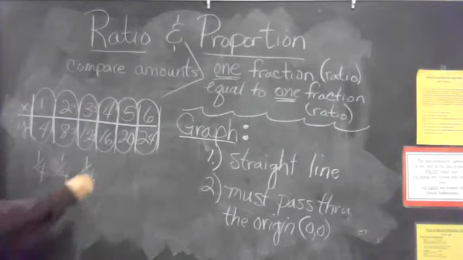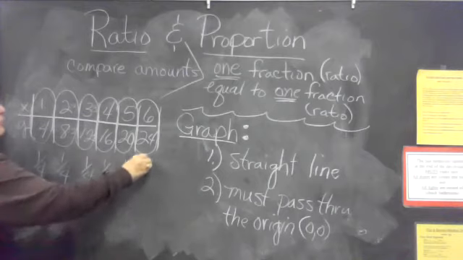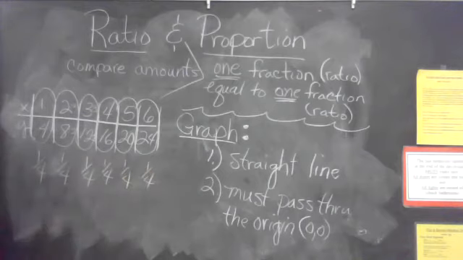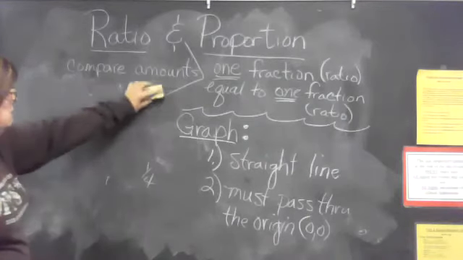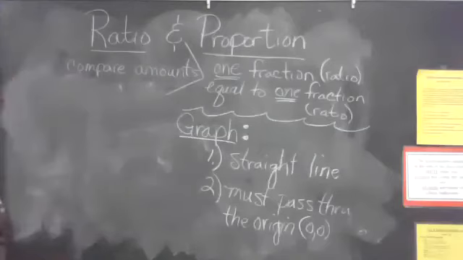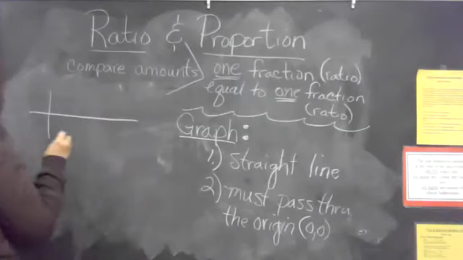And when you simplify here, you'll get 1/4. When you simplify here, you'll get 1/4. When you simplify each one of them and you get the same fraction, it is a proportion. Okay? Now look at this one. Actually, I'm going to show you one that is not.